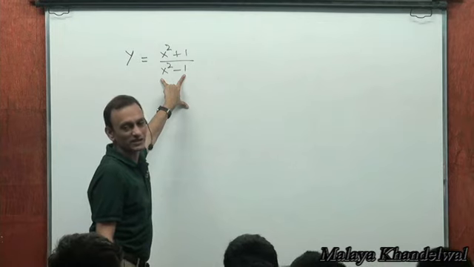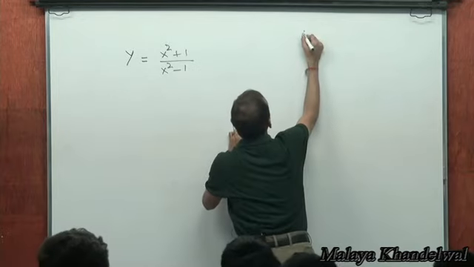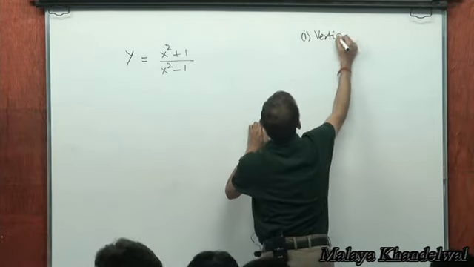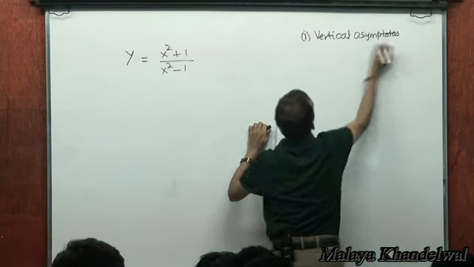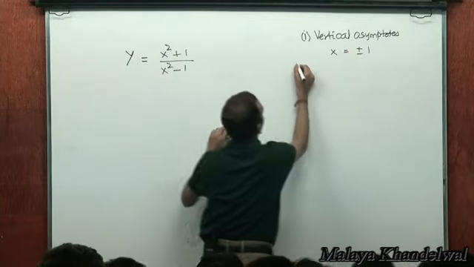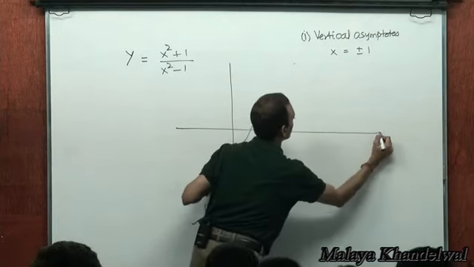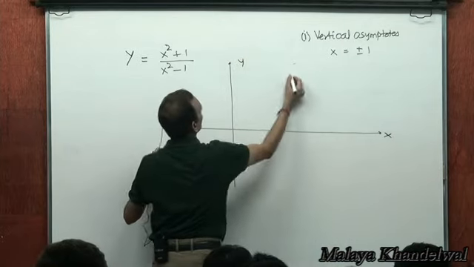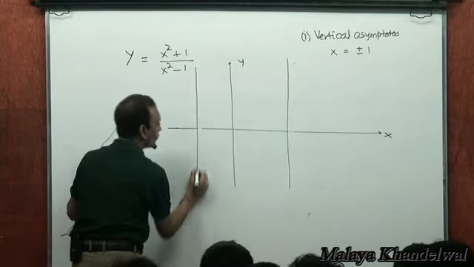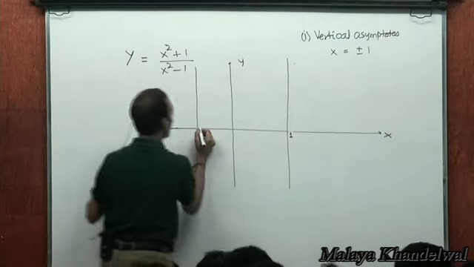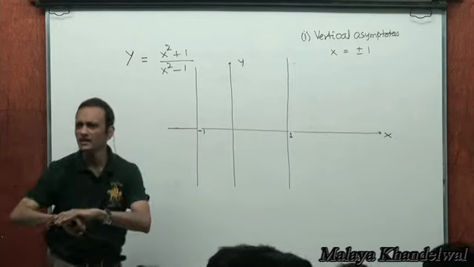Because x plus 1 and x minus 1 are factors of the denominator, right? X equal to plus 1 and minus 1 are two vertical asymptotes. That's one. The second thing readily available is what?